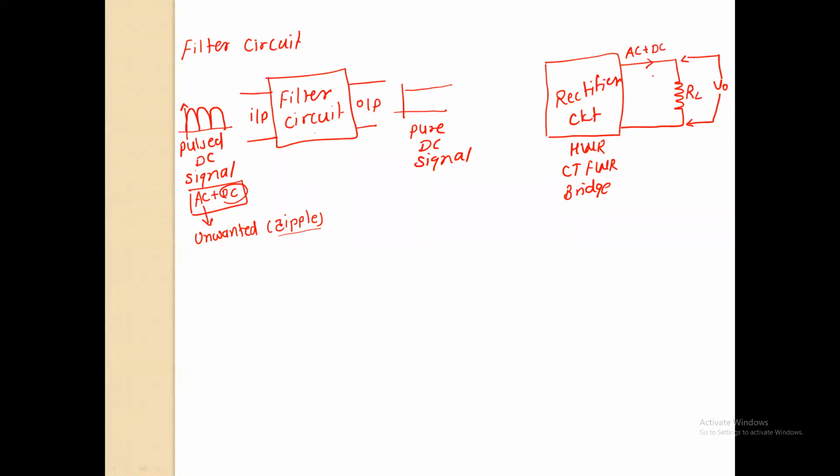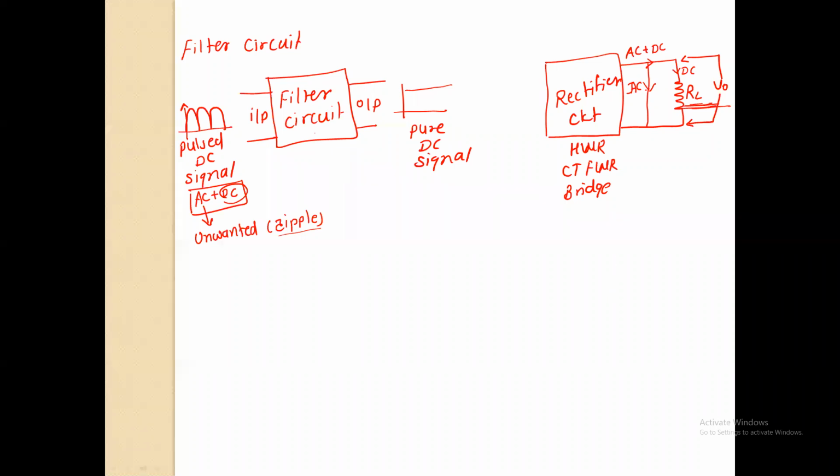It means that the filter circuit will create one bypass path, so that the AC component will take this bypass path and only the DC component will be allowed to flow through that RL, so that we will get the pure DC voltage across this load RL, and this is the requirement of a filter circuit.